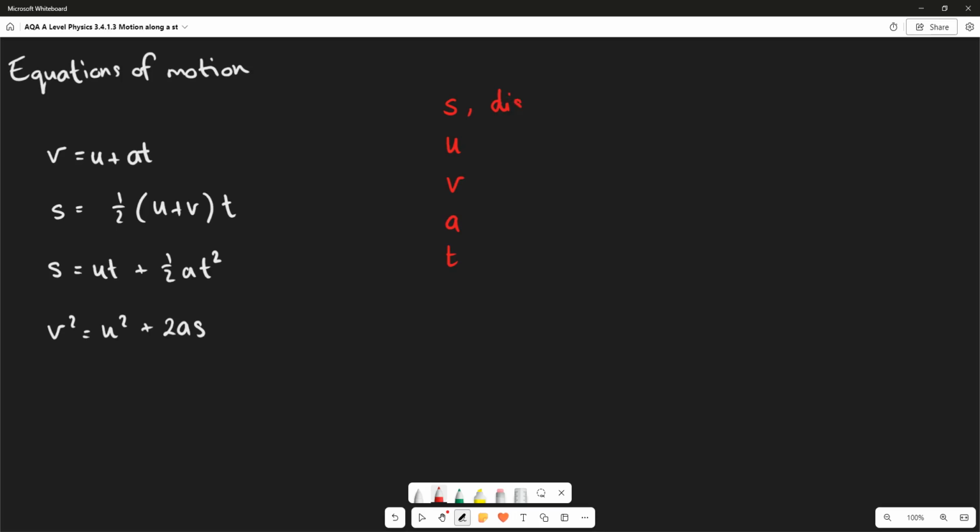The s is for displacement. The u is the initial velocity. You may see that sometimes written as v0, or velocity at time 0. We have the final velocity.